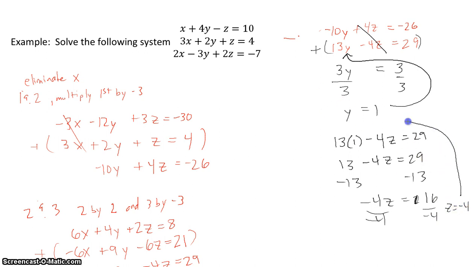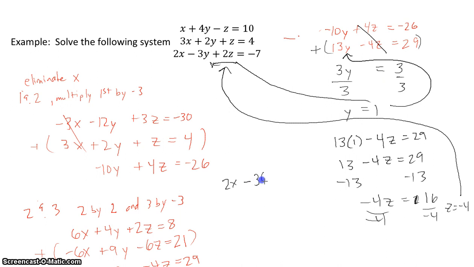Now I need to take both of these values and plug them into one of the equations. Doesn't matter which one I pick, I'm going to pick the second, or the last one. 2x minus 3 times 1 plus 2 times a negative 4 equals a negative 7.